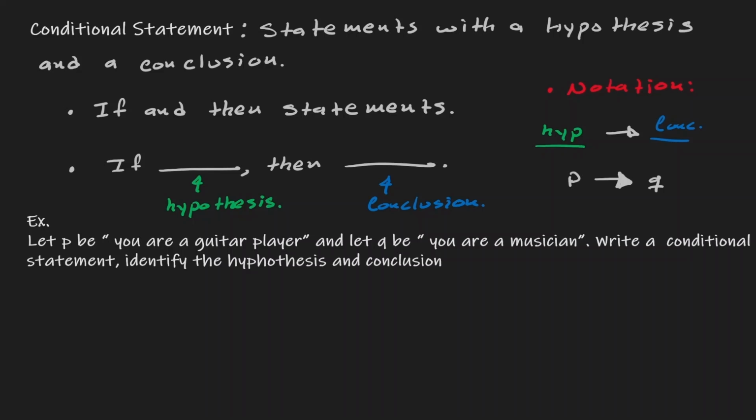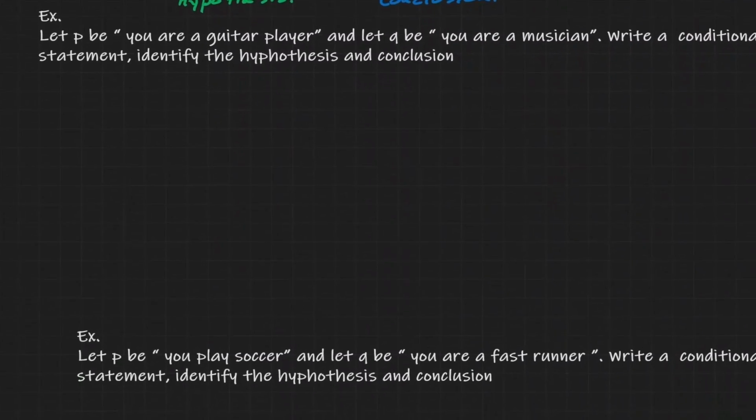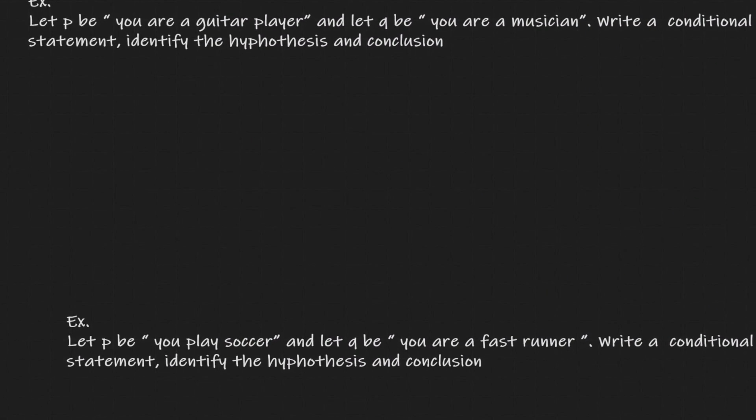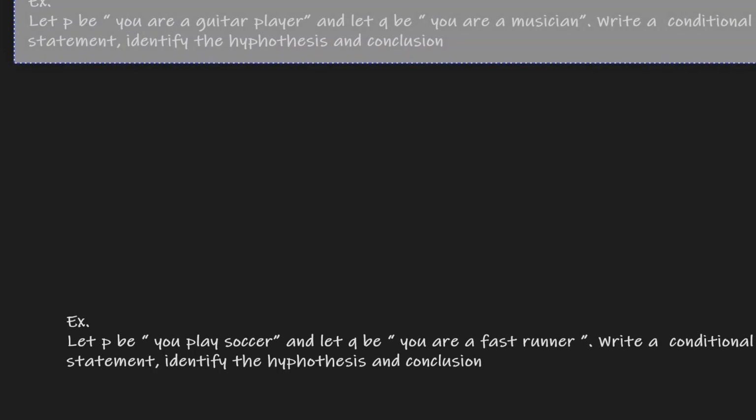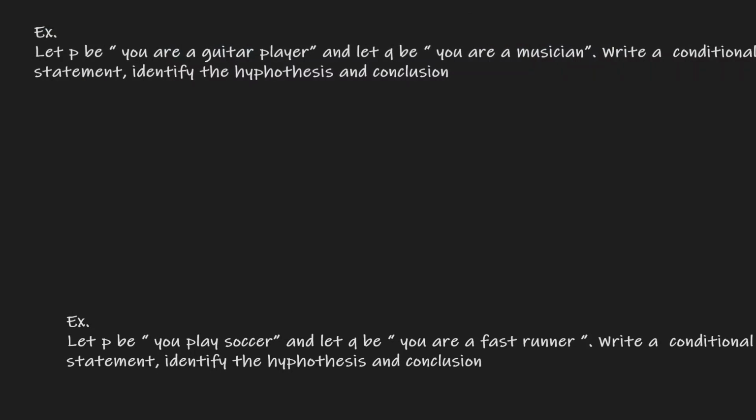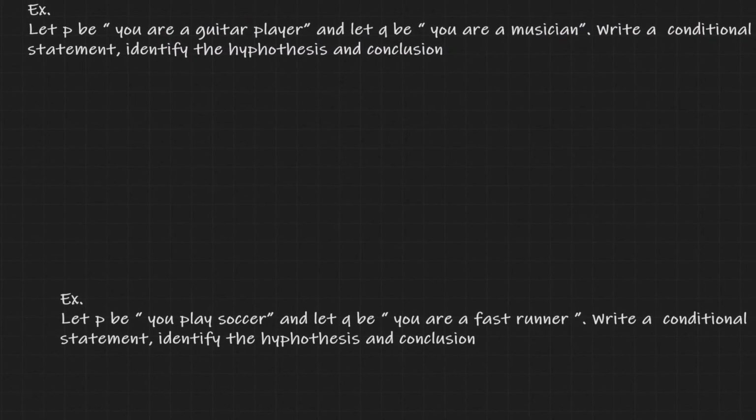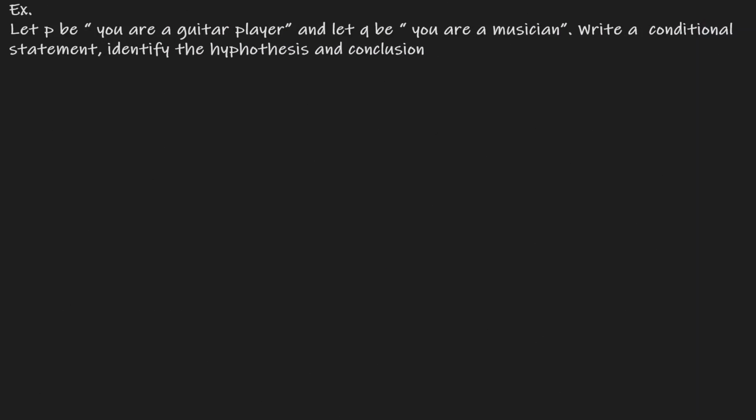So how about we take a look at some examples and start creating some conditional statements. Here we have example number 1. The first thing that we always want to do with any example is to understand the situation. So let's read this example.